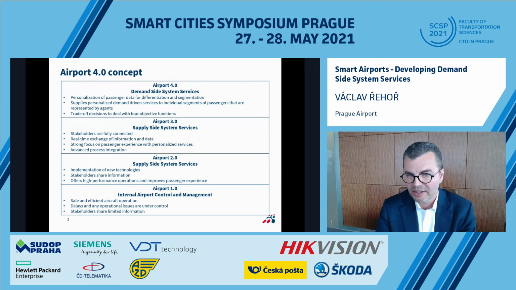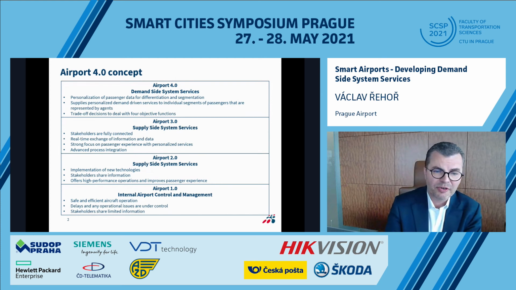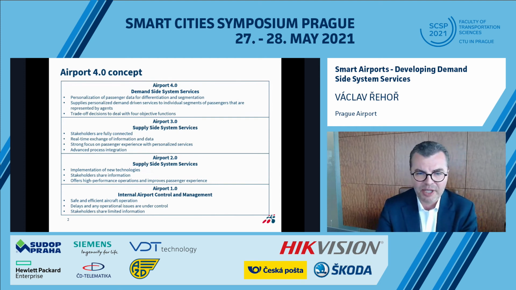It depends on the advanced work at the airport between these 2 levels. You can see that there are a lot of new technologies being implemented at the airport, and quite a lot of information is shared among all the stakeholders, which definitely offers higher performance of the operation, and it starts improving the passenger experience.